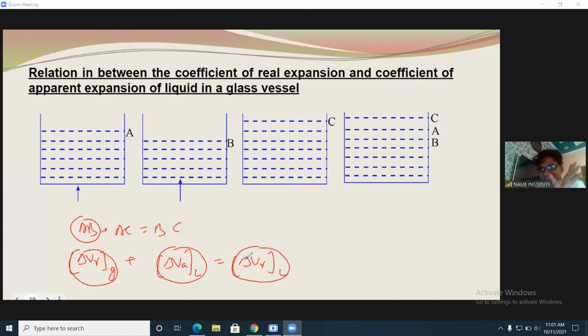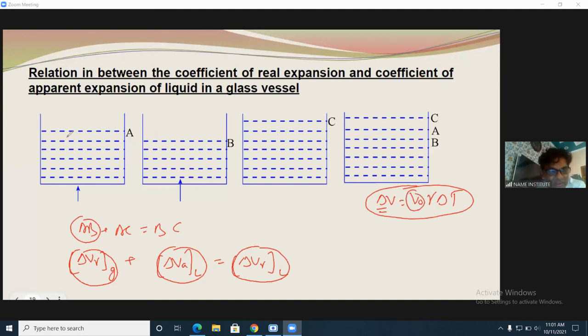Yes, it is clear, and there will not be any doubt in understanding this part. Okay, everybody knows in the class what delta V is equal to: V naught into gamma into delta T. In the beginning we discussed that type of relation.